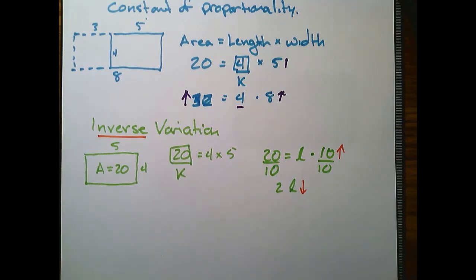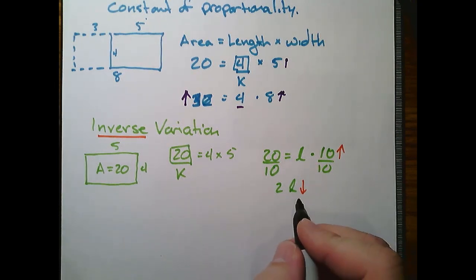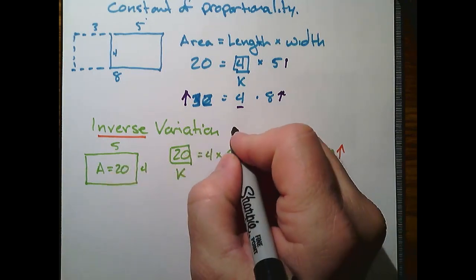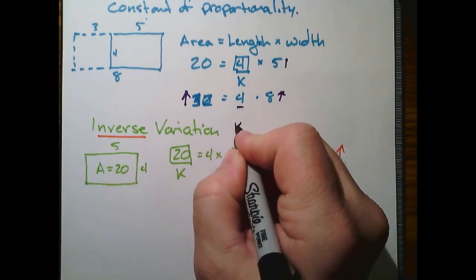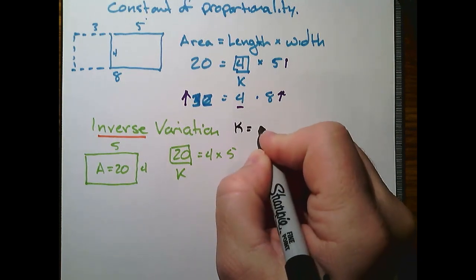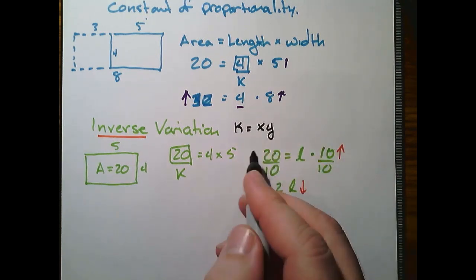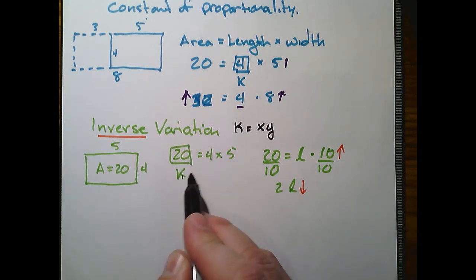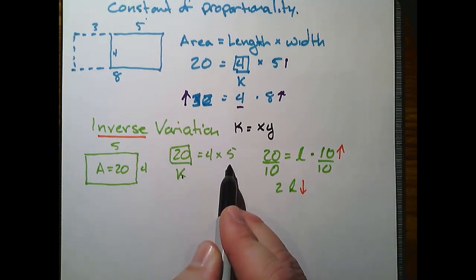And our formula, there's a couple of different ways to write our formula. Okay. Now, our inverse variation formula, we can write it as k equals xy, which is what we just did right here, because we put our k over here on the equal sign opposite our length and our width.